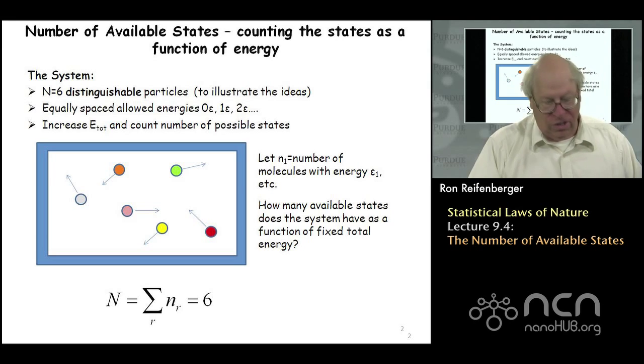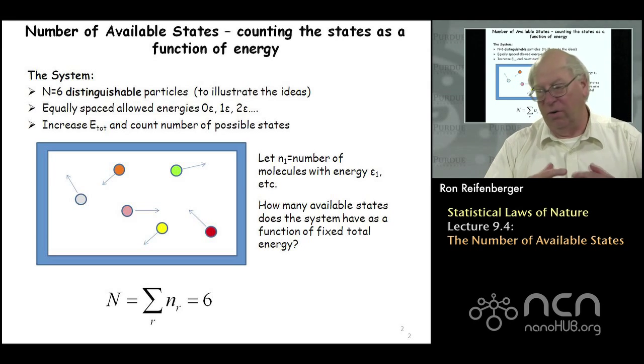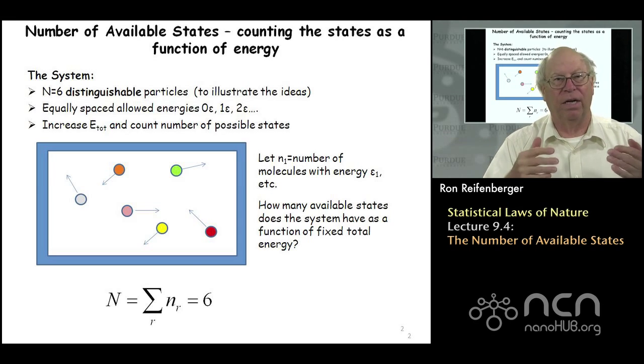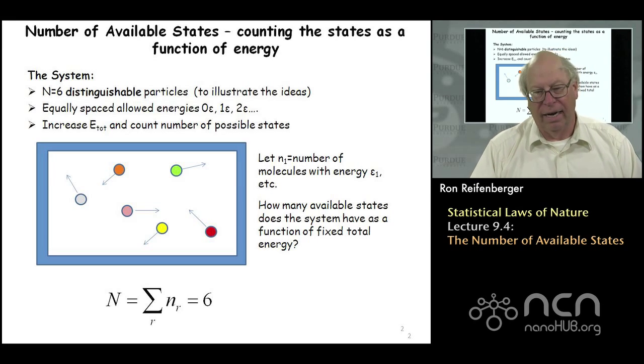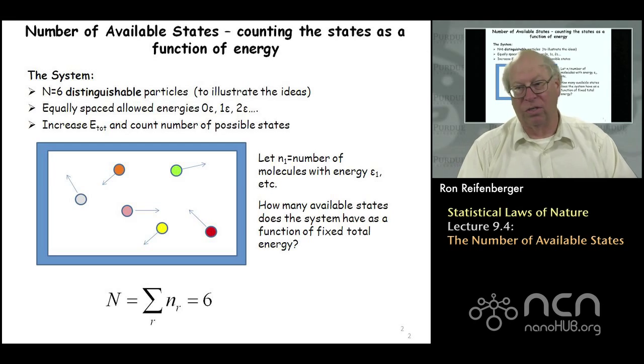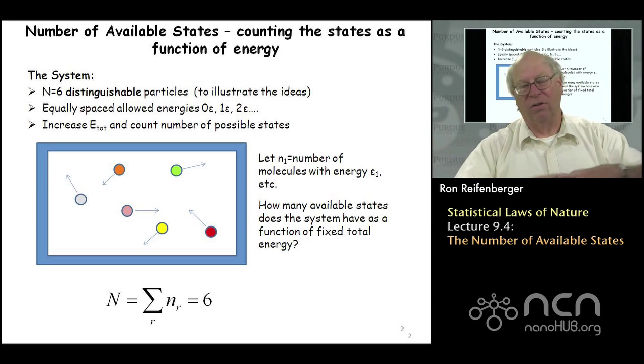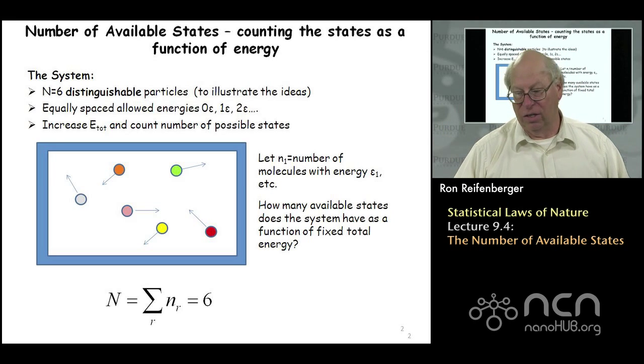So that's the system. That defines the system. And what I hope to show you is that by carefully sifting through all the possible energy states, you can start to calculate probabilities that particles will be in the different energy levels. And that's, of course, what we're interested in when we're doing many particle systems. We're trying to understand how those particles are distributed in energy.